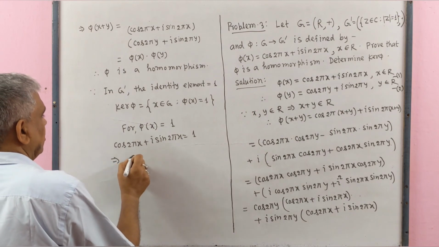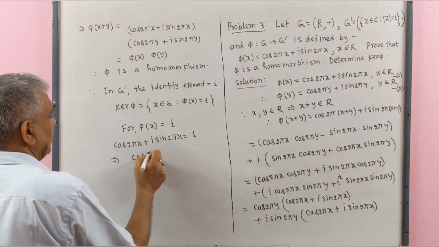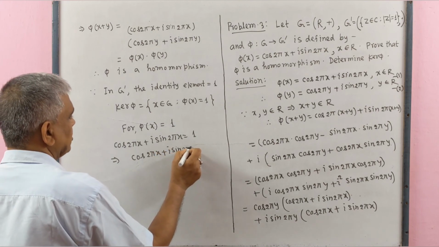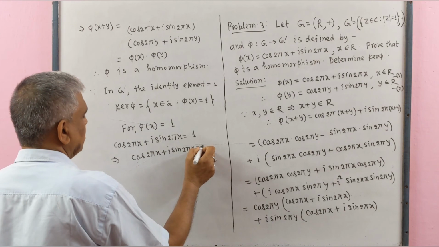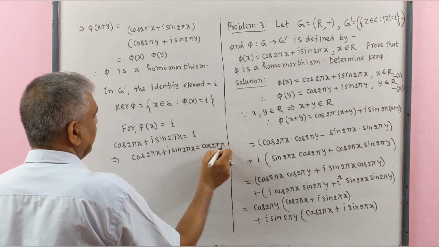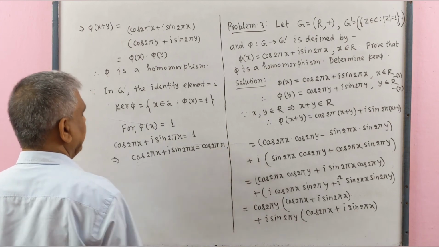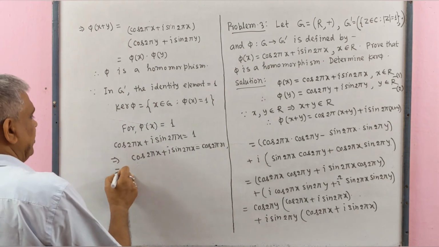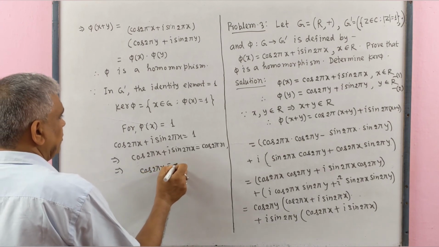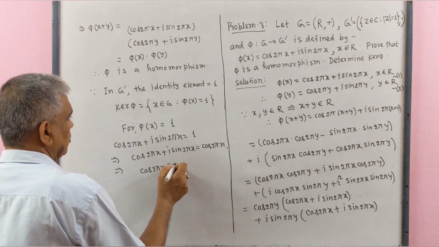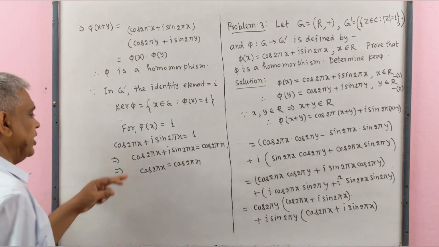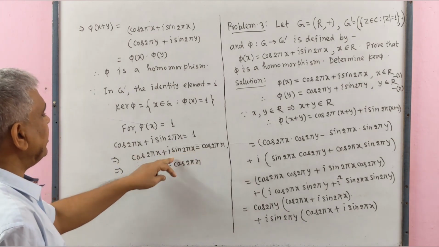which implies that cos 2 pi x plus i sin 2 pi x equals cos 2 pi n, n is an integer. This implies that cos 2 pi x equals cos 2 pi n, equating real and imaginary parts of both sides.